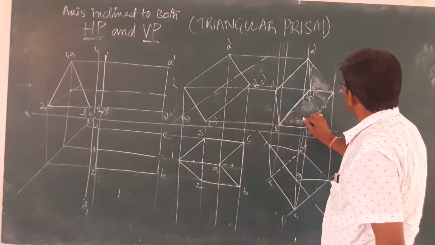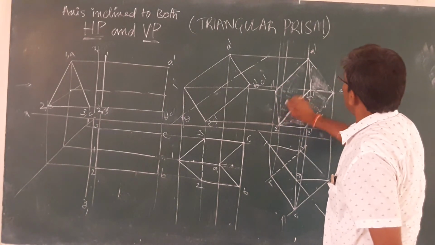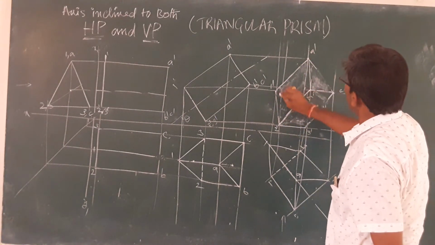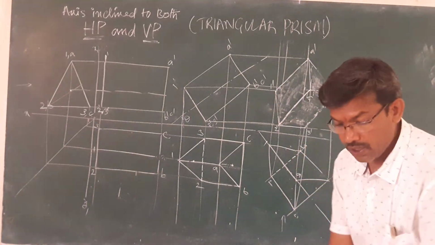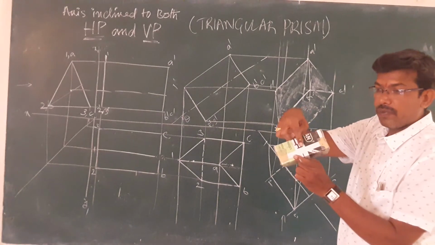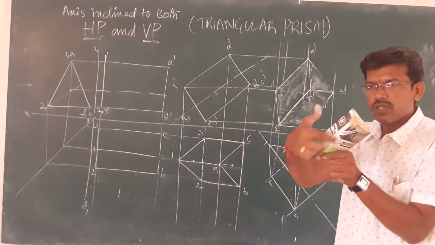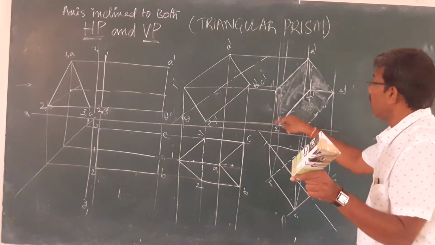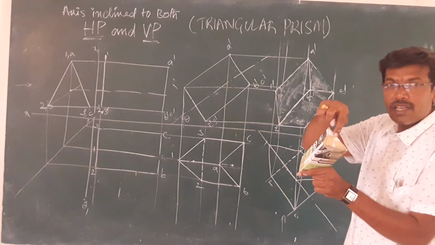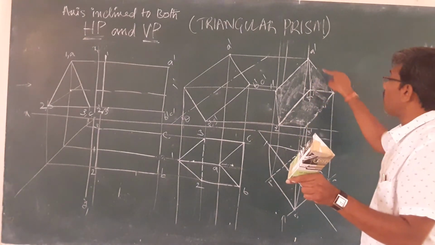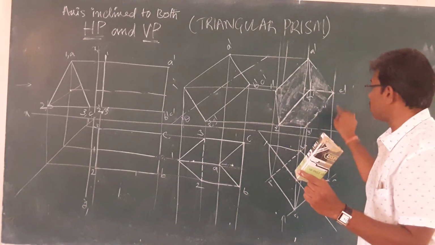So now this is another face, and this is another face which is visible. Right? One face, so that is this one. Okay, when you are looking from this point, you can see this view. This particular face is nothing but this one, 1 dash, A dash, B dash, and 2 dash. Next, this surface is nothing but this one, and the bottom one is nothing but this one.